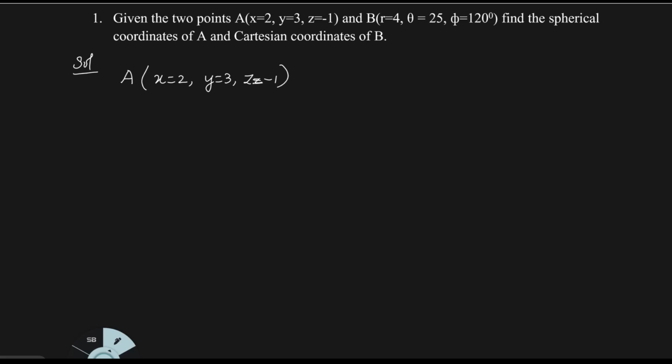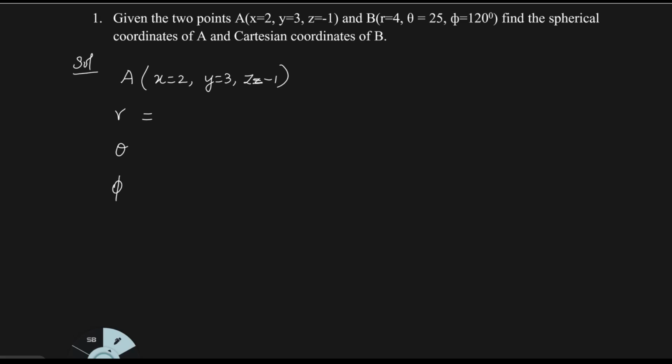So, points are represented by the letters x, y, z. From this we conclude that point A belongs to the Cartesian coordinate system, or rectangular coordinate system. So from Cartesian they have to find spherical coordinates. In spherical coordinates, the points are represented by the letters r, theta and pi.